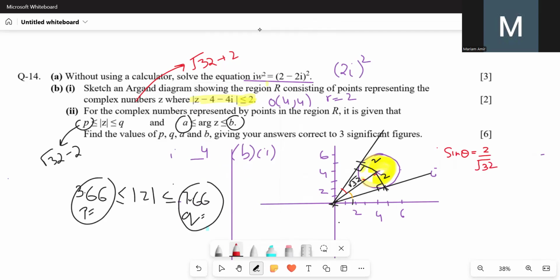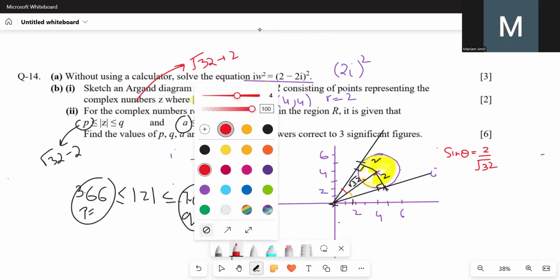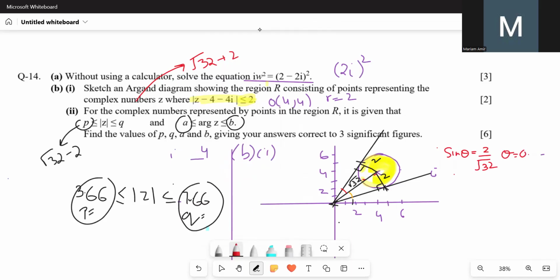So this will be 2 over under root 32, which gives us 0.3613, or 0.3614 after rounding.